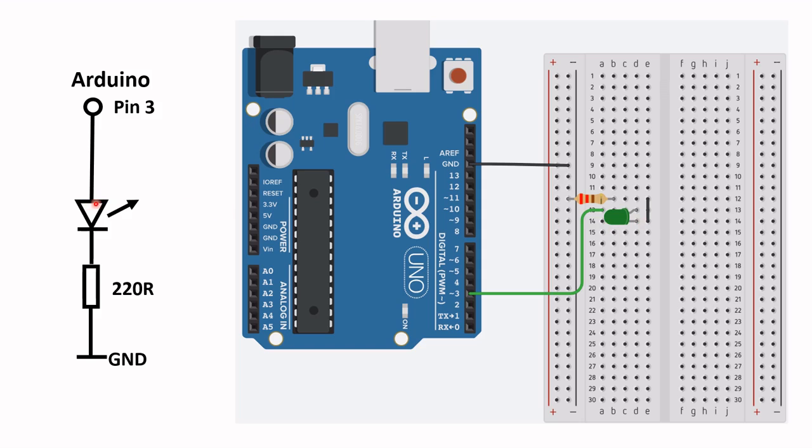One end of the LED, the anode, is connected to pin 3 of the Arduino Uno board, and then the cathode of the LED is connected to a 220 ohm resistor, and the other end of the resistor is connected to ground, which is this part here. And basically this is the hardware setup to test the code.